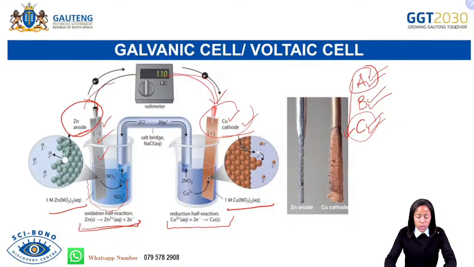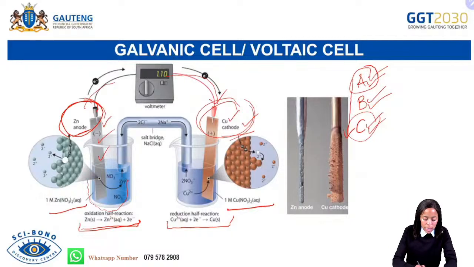So electrons move from the anode, the zinc, to the copper. And then we have the polarity. In terms of polarity, the anode will be negative and the cathode will be positive.